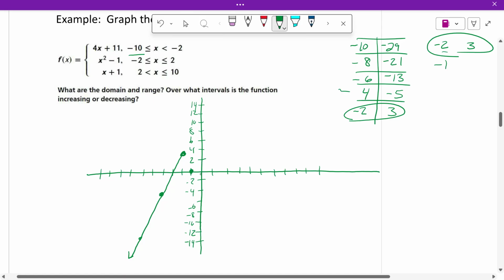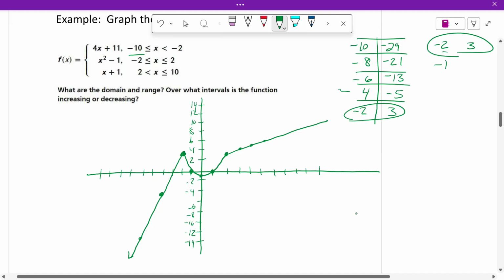Put in a 0, we get negative 1, 1, 0, 2, 3. So it's a parabola that looks like this. And then at 2, 2 plus 1 is 3. 3 plus 1 is 4, 5, 6. Goes like that. So that's our function. That's the way it basically looks.